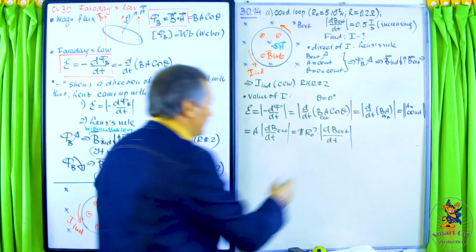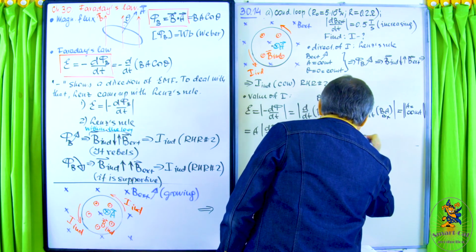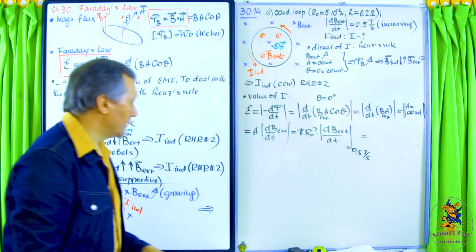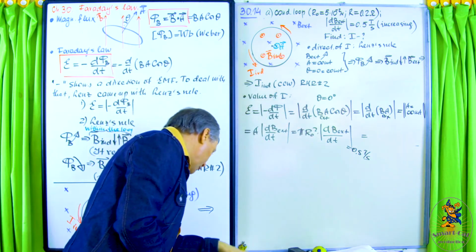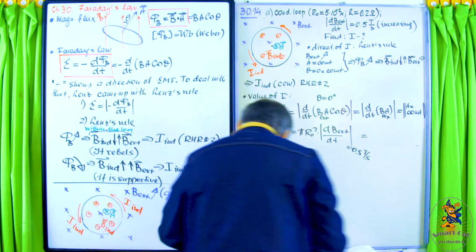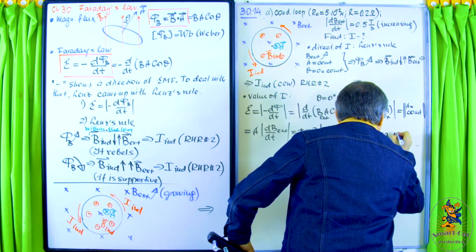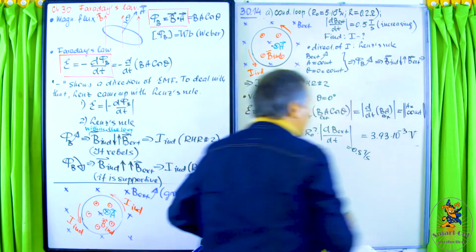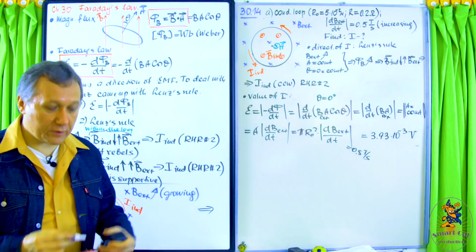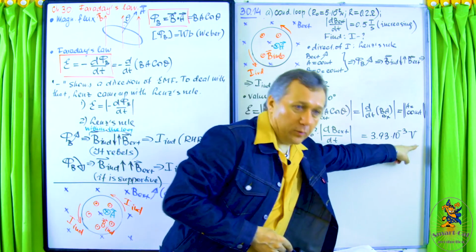So the area can be calculated from the given radius, and if you do it, you will end up with 3.93 times 10 to the power of minus 3 volts. I used more significant figures because actually it's not the final result. We found the EMF, in units of volts.